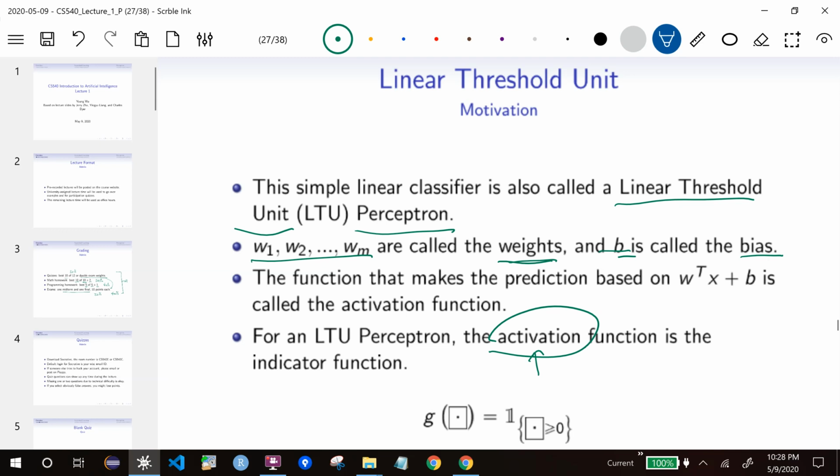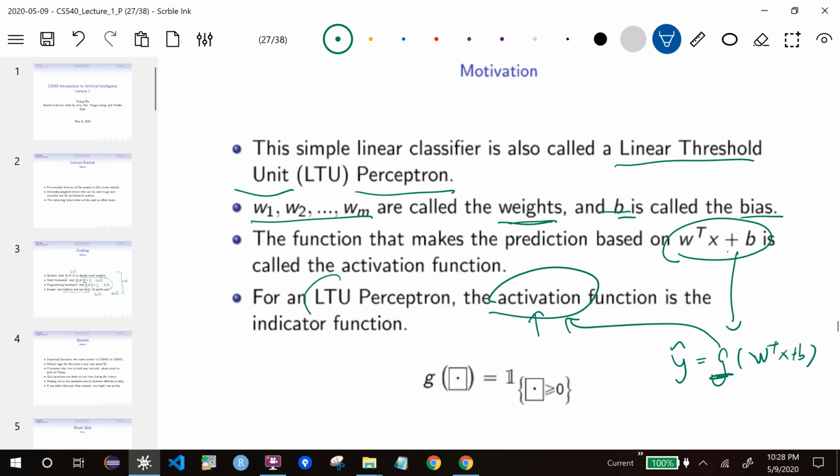An activation function is the function that maps this linear combination, wx plus b, to the prediction, y hat. So y hat is some function of this, and we call this function the activation function. In particular, for the LTU perceptron, the activation function is just the indicator function.